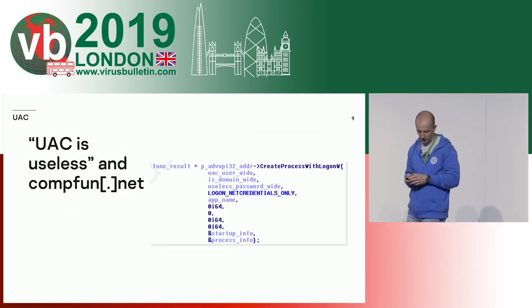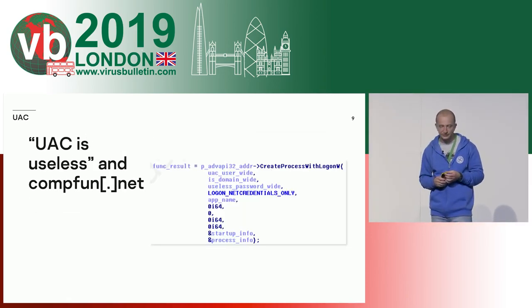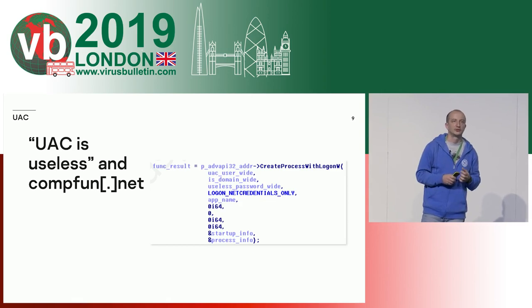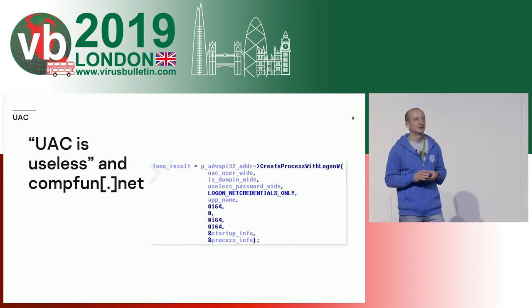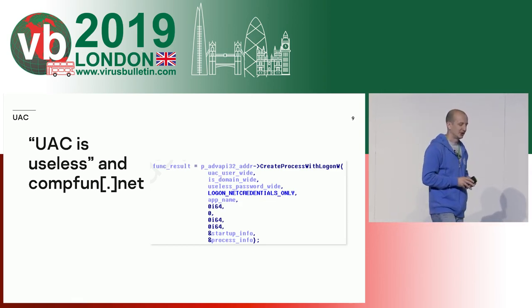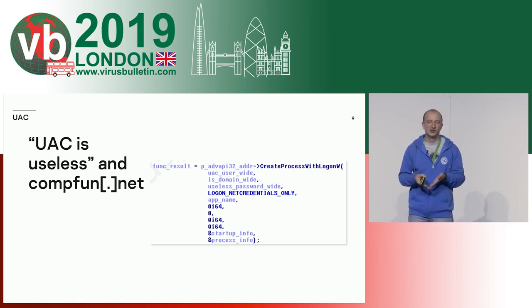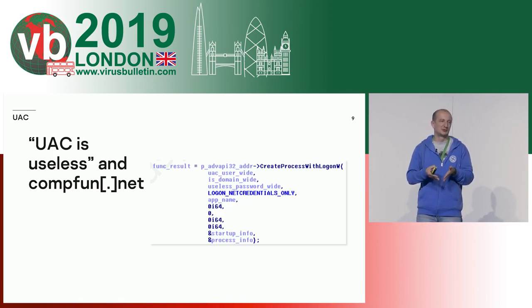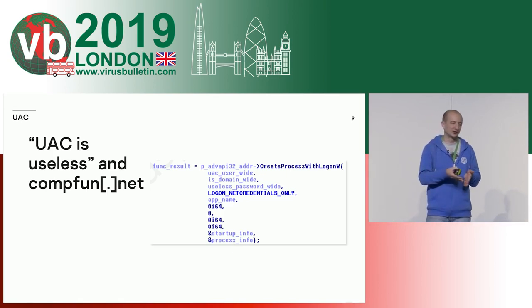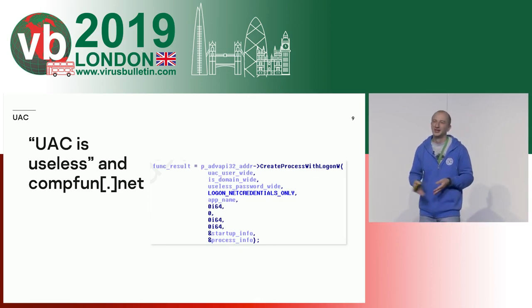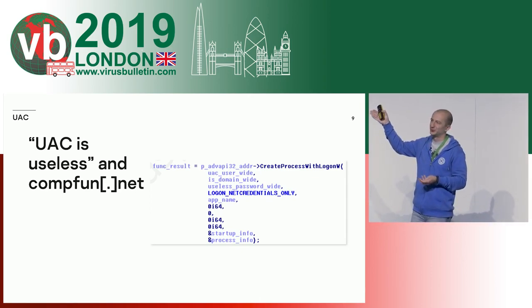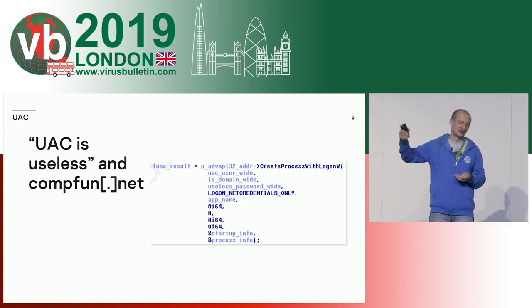What next? They also have some fun, as usual. This time, the fun is some, okay, call it Easter eggs. It's one control server, COMpfun.net. COMpfun nowadays is quite a known name for malware, right? We have a G-Data report for 5 years already. But they chose one of the control servers with the same name.